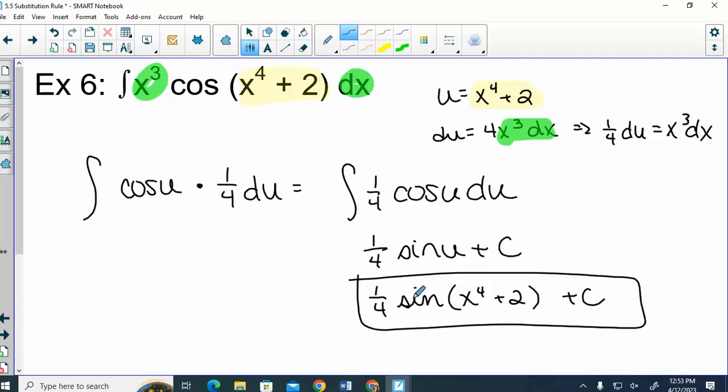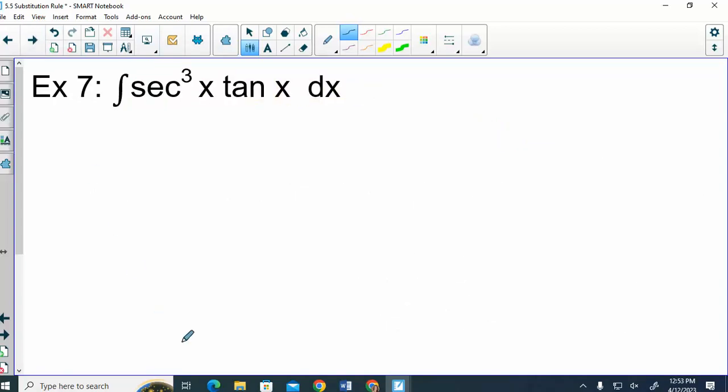I'm gonna try a couple more. This one, it may be less obvious what the inside function is.